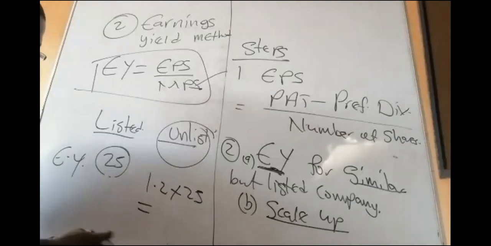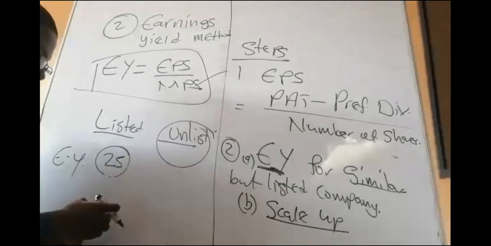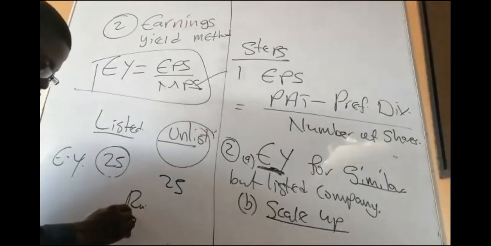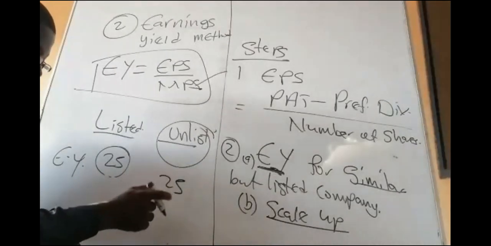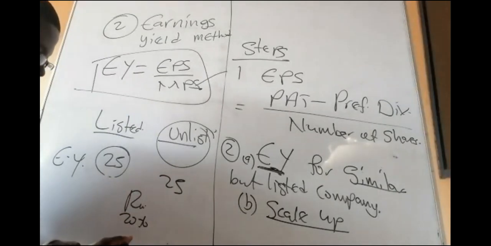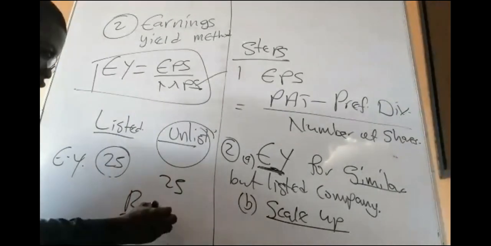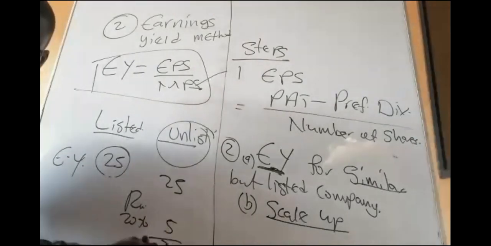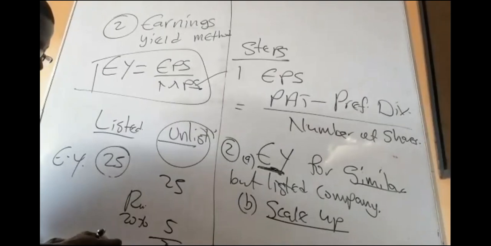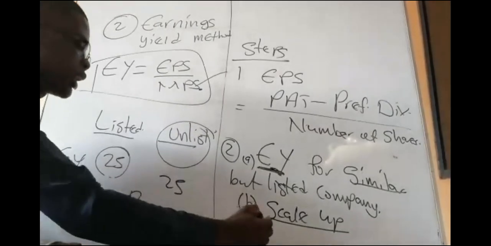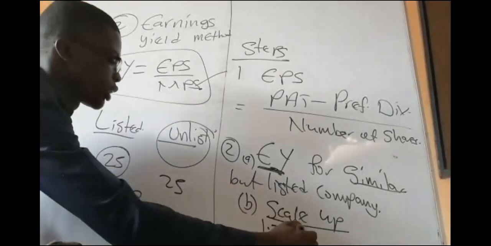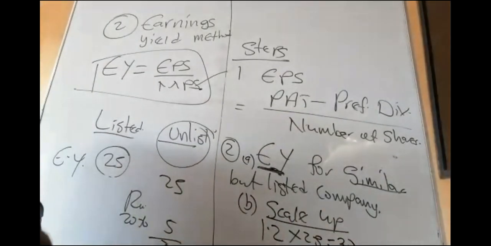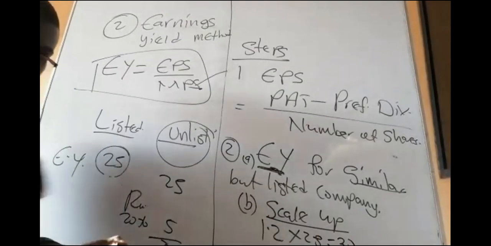Or find 20% of the 25, which gives us 5, right? If you add it, you get 30. That is the same as multiplying 1.2 by 25, which gives you 30. That is the scale up. We are done.